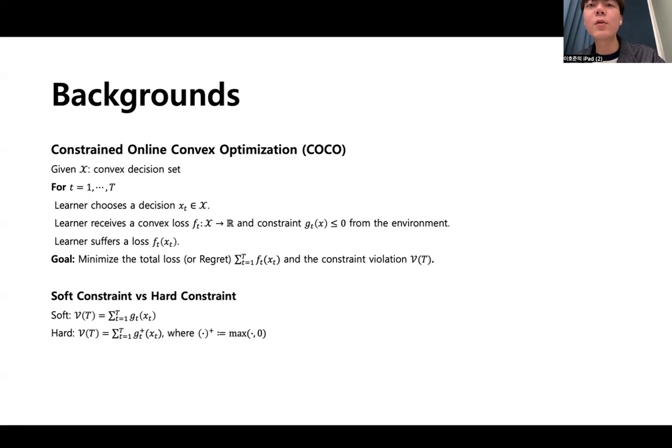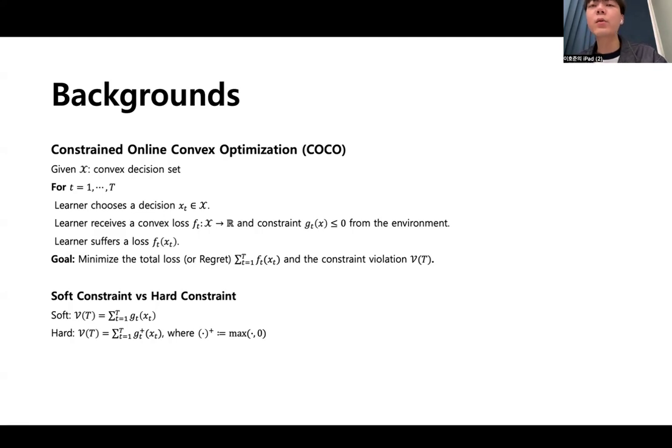This constraint may be known to the learner before making decisions or not. The goal is to minimize total loss or regret while also reducing constraint violations. Constraint violation can be defined in two ways: soft constraints and hard constraints. Soft constraints involve minimizing the sum of the constraint violation over T rounds.